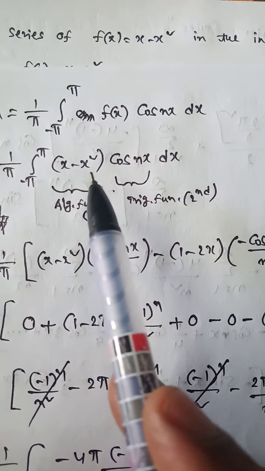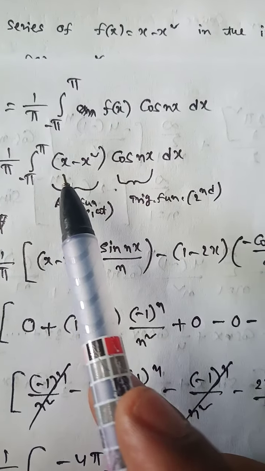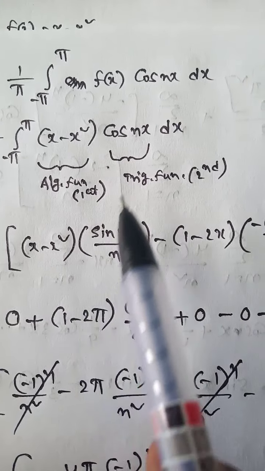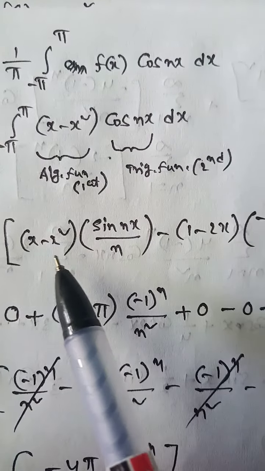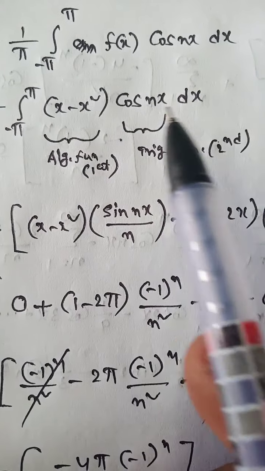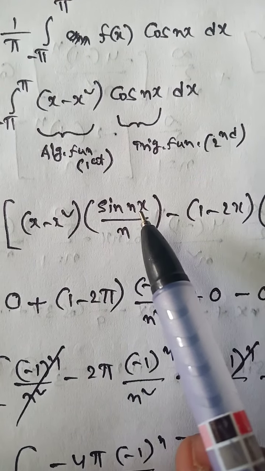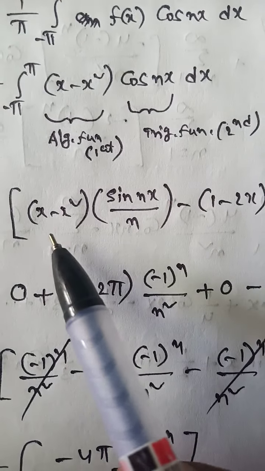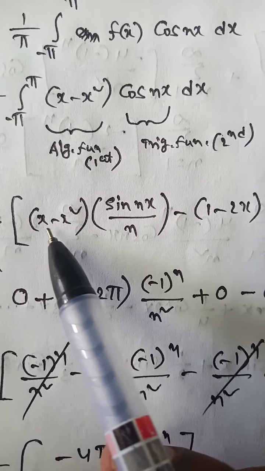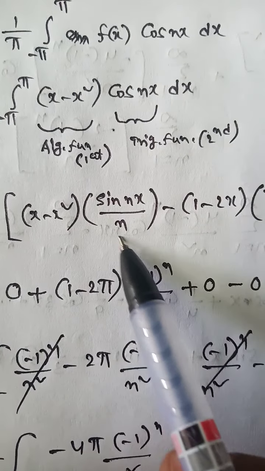Here, this is the first term, this is the second term. First term x minus x square into second term integration. Don't do first term differentiation here, directly write down the first term. Second term cos nx integration sin nx by n, differentiation n. Now treat this one as first term, this one as second term.